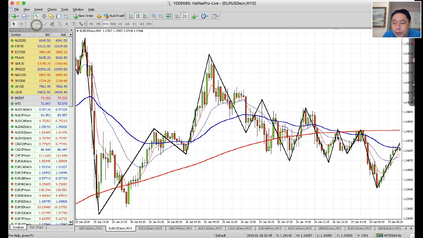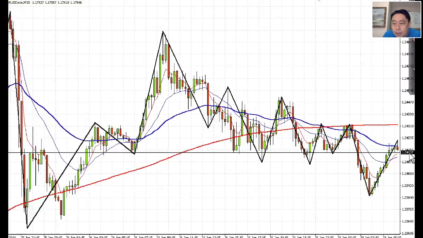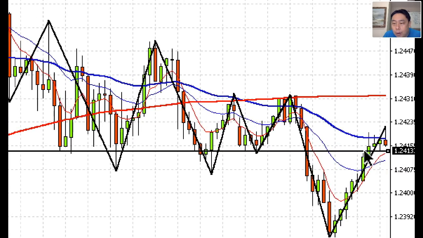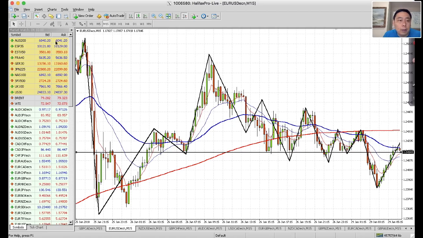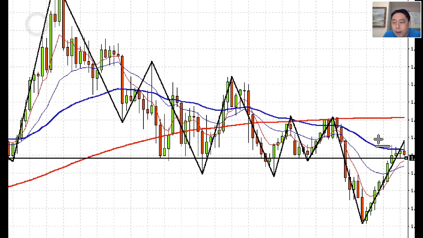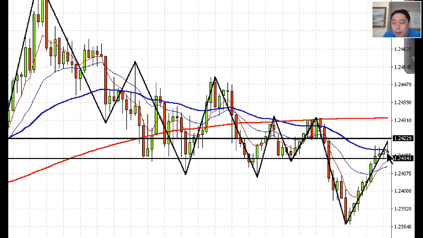So I could place actually a sell order somewhere at 2414, right? And I could put my stop loss somewhere up there at 24. Let's get a calculator.